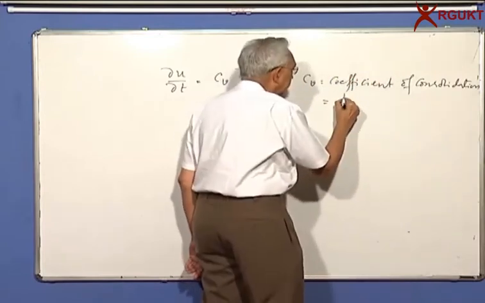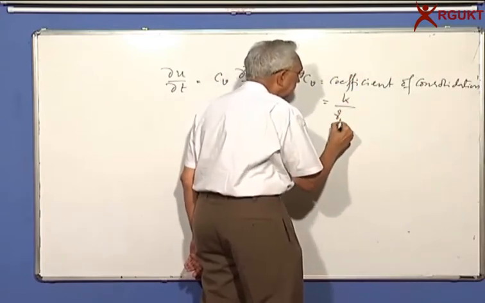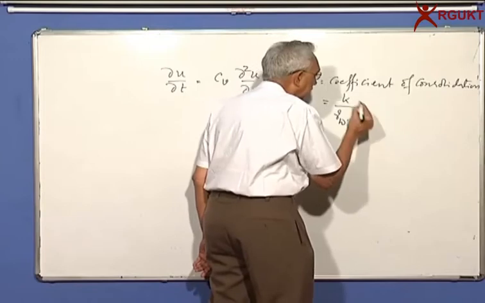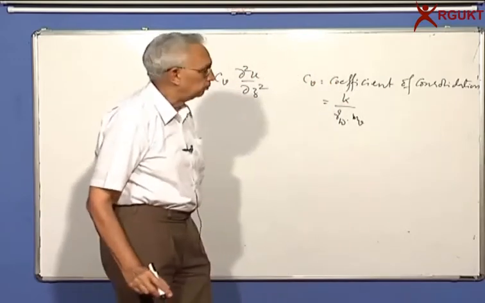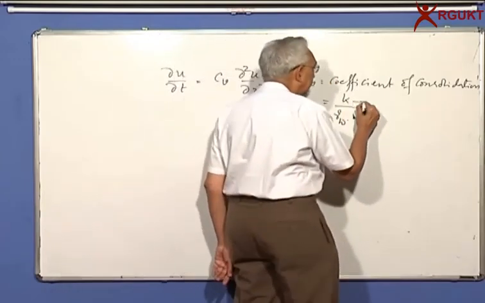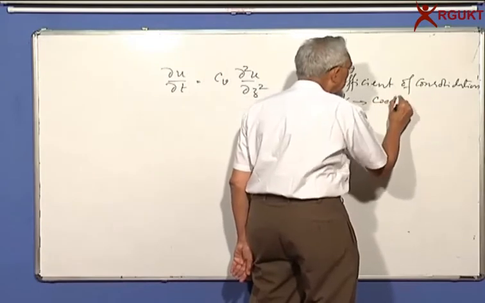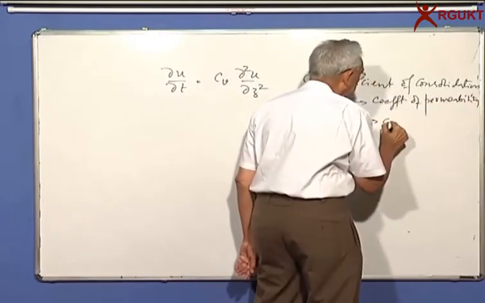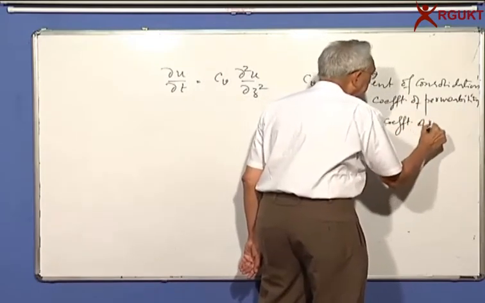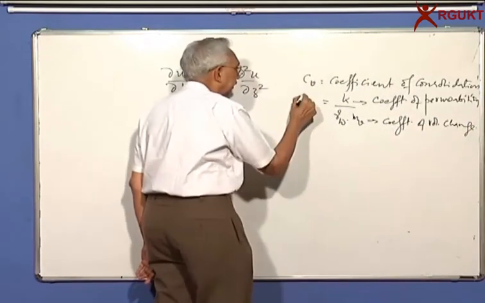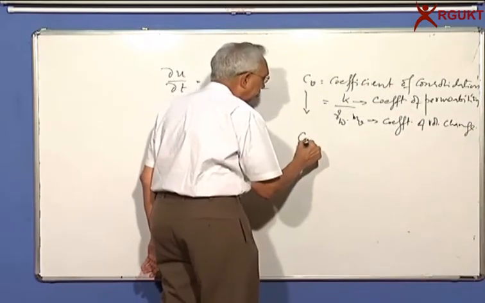It's related to permeability by unit weight of water and the coefficient of volume change. This is the coefficient of permeability, and this one is the coefficient of volume change. So we call it a kind of coupled parameter.